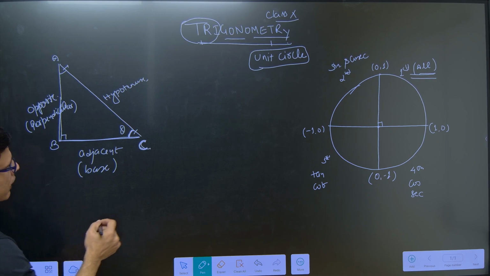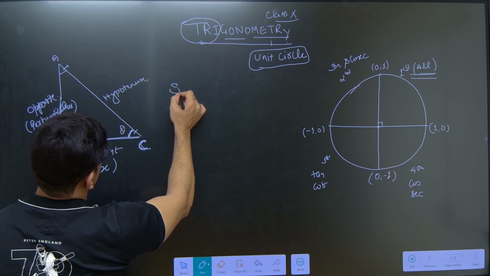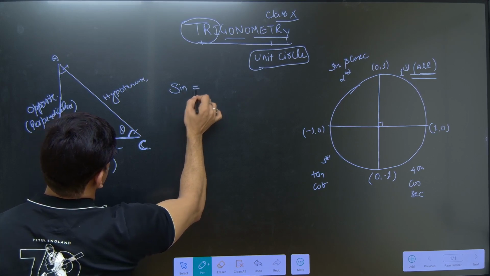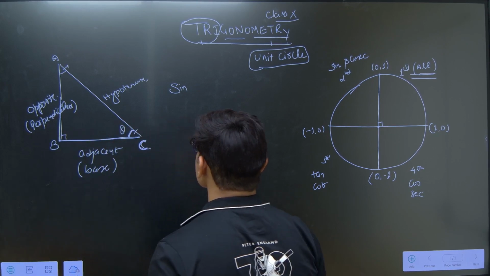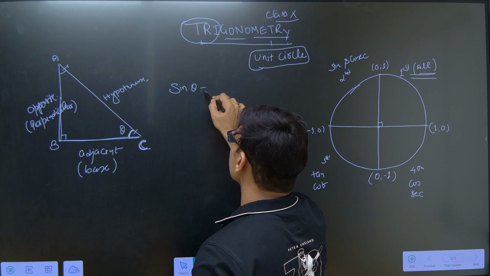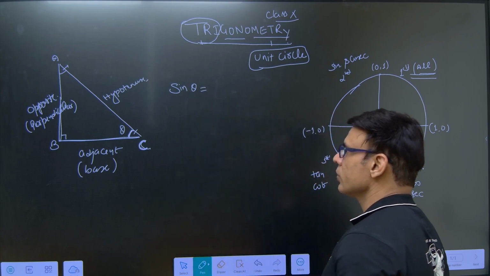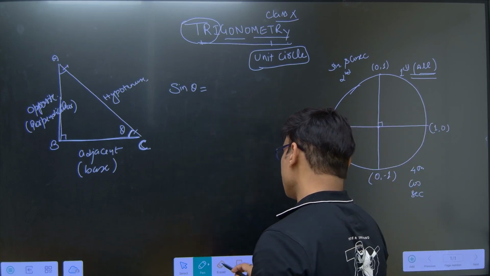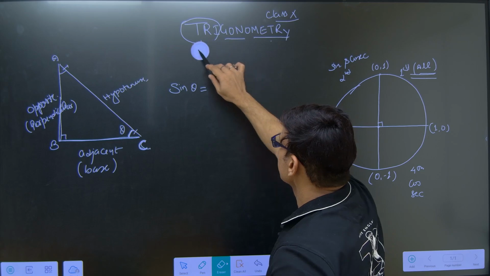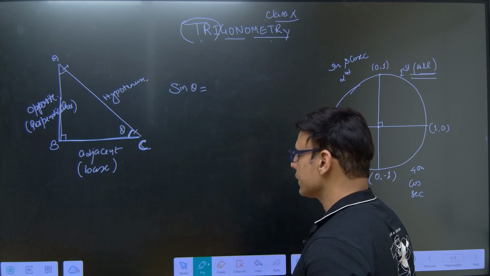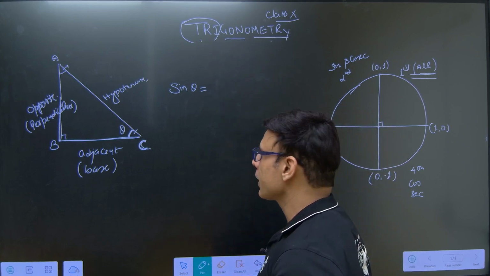Now, as I told you, there are 6 trigonometric ratios. First is sine. In this case, if I ask you what is sine theta? So sine is a relation between... कैसे?